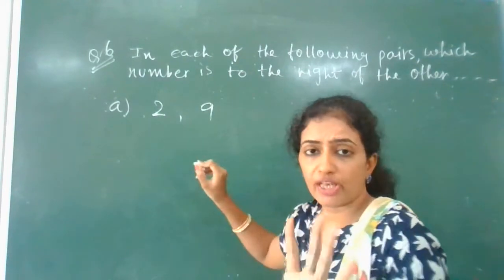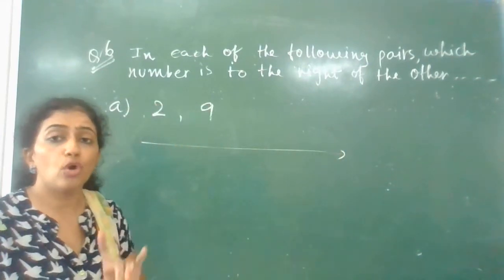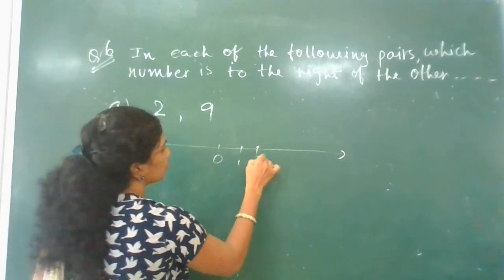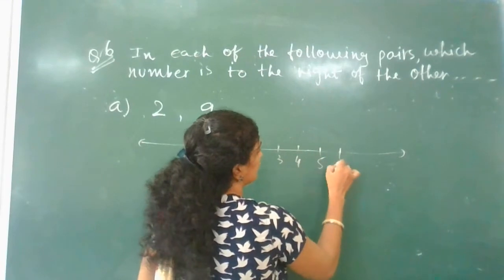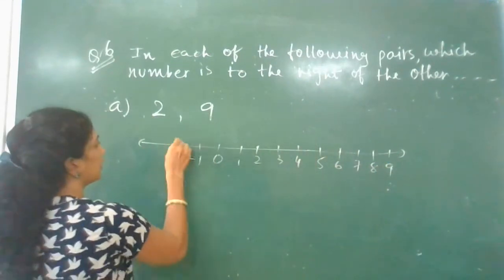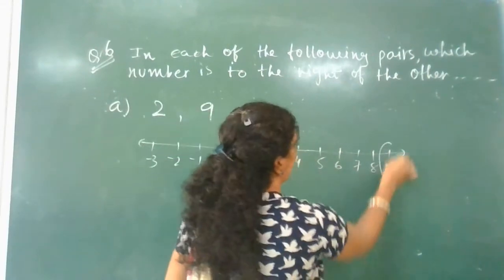So for example, I'll show it this way. This is just an example, but you don't have to draw the number line. Here 0, 1, 2, 3, 4, 5, 6, 7, 8, 9, minus 1, minus 2, minus 3. Here is the 2, here is the 9.